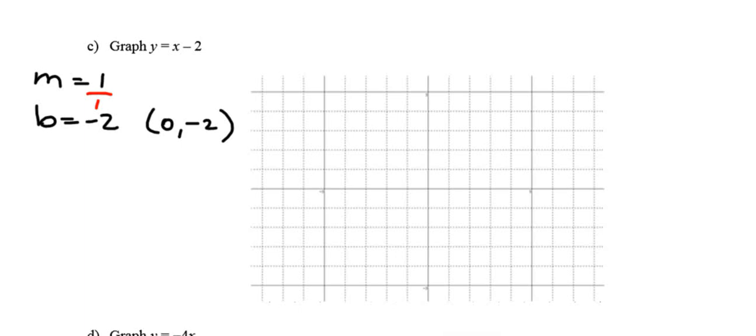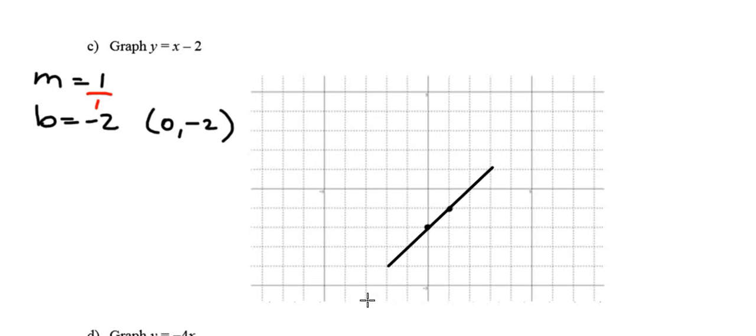Okay, so let's go ahead and plot the y-intercept. So we start at the origin and we go, not up, we're going down 2. And now I'm going to apply the slope of 1. That means that I'm going to start here, I'm going up 1, and I'm going right 1. I'm going to go ahead and graph this line. Then I've got my 2 points.